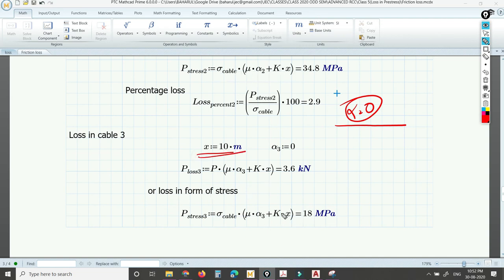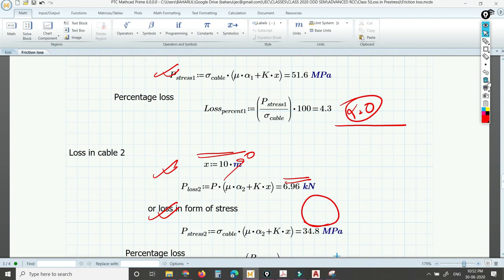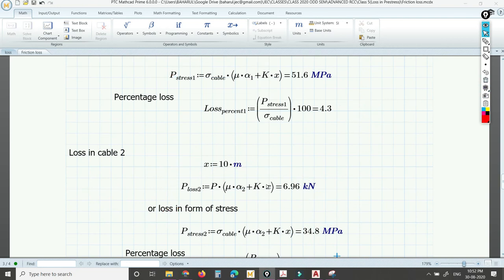So this value will be 0 here, and this value will be 3.6. And the stress is 18 megapascal. This is in terms of force, and this is in terms of stress.